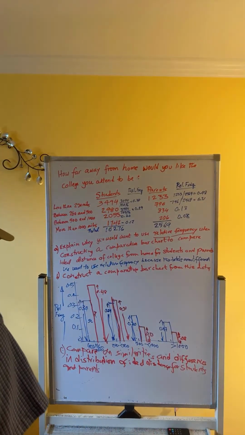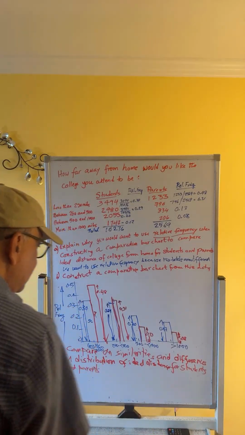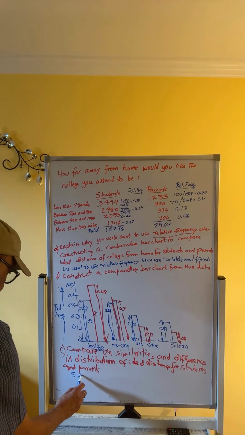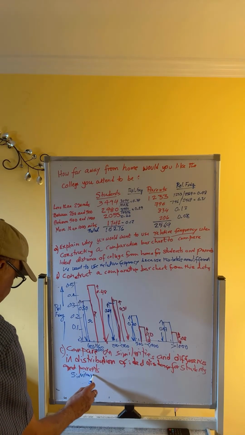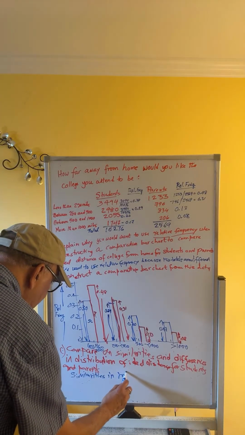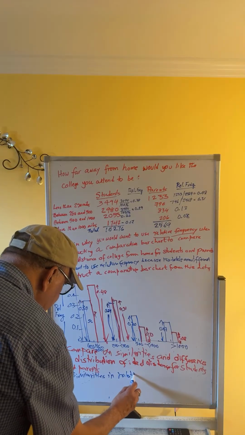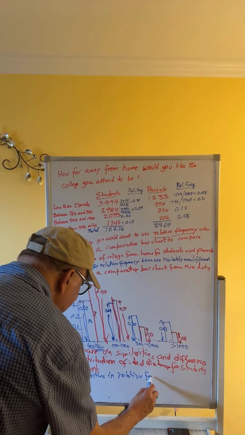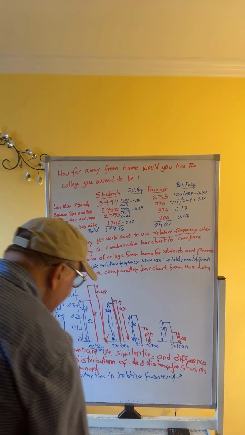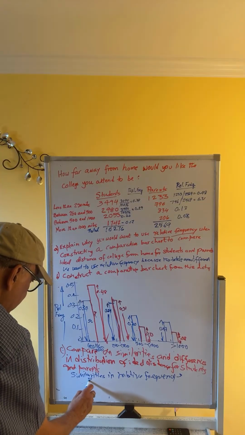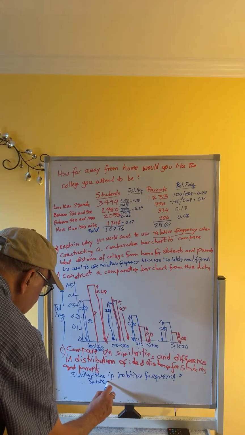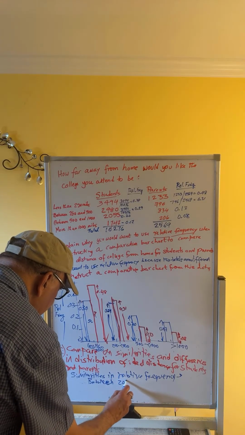Okay. So we compare the similarities and differences. Similarities in relative frequency, as we discussed, is in the second category, between 250 to 500 miles.